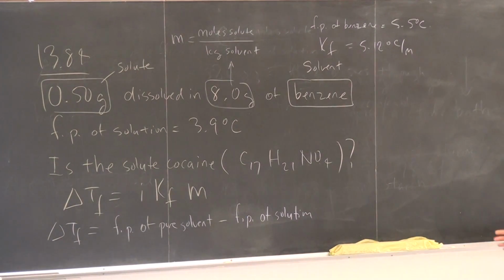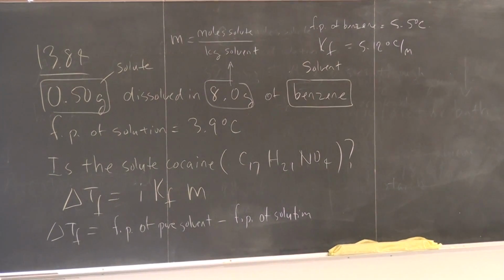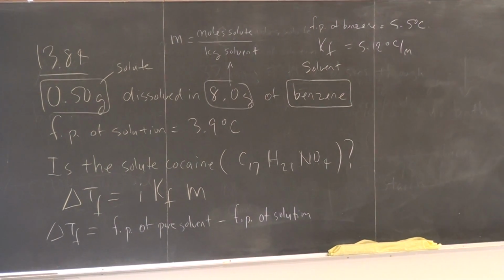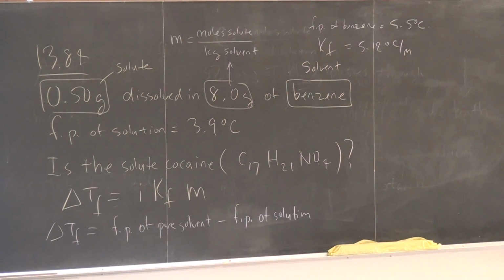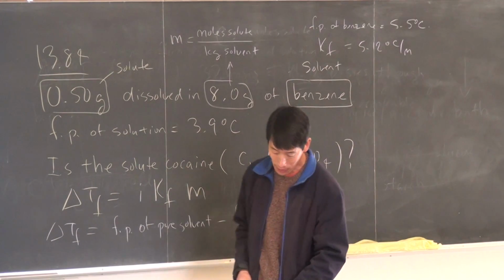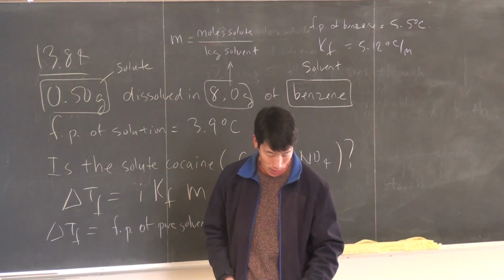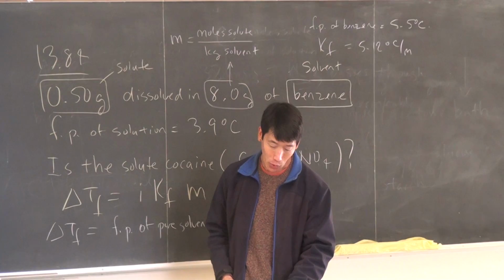So you have enough information to figure out whether this white substance is cocaine. i is going to be 1. And that answers the second part of the question: what assumptions are made in the analysis?